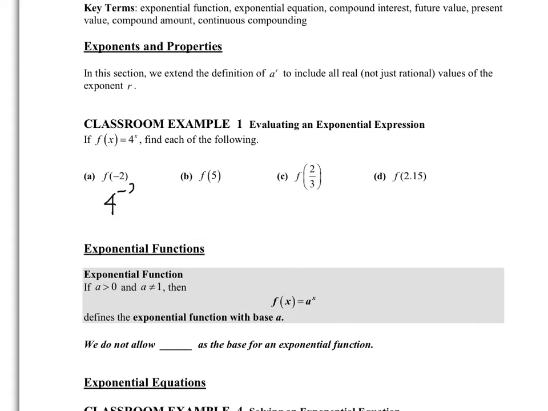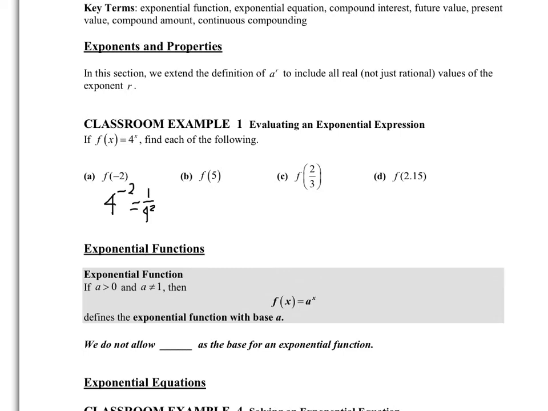So this would become 4 to the negative 2 power, which would be 1 over 4 squared, which would be 1 over 16. Or if you were to put that in your calculator, you could get a decimal value, but typically we don't do that unless we have been instructed to round to a certain place value.